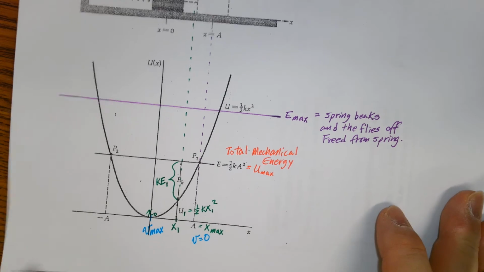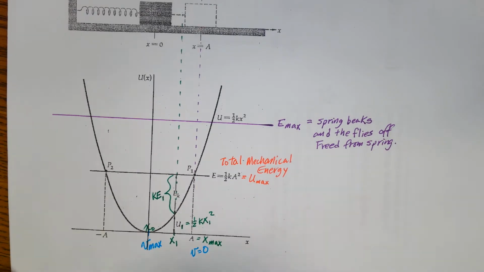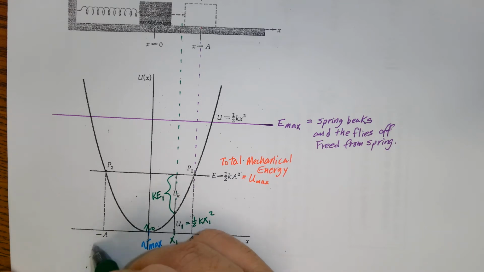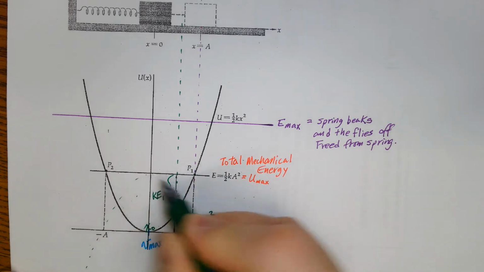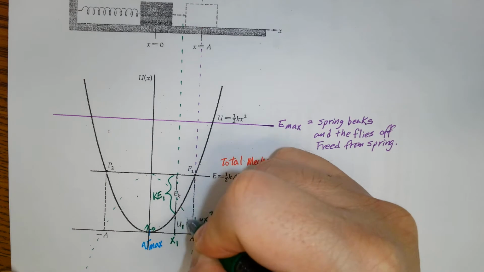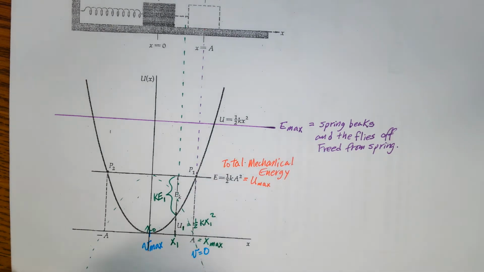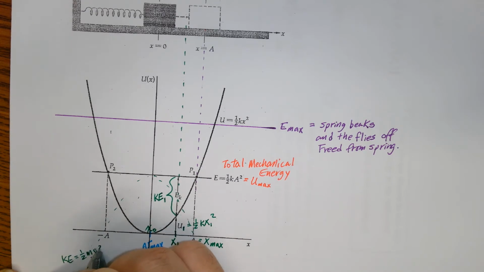If you want, you could put one of these dotted lines. So this is the kinetic energy, which is equal to 1/2 mv squared.